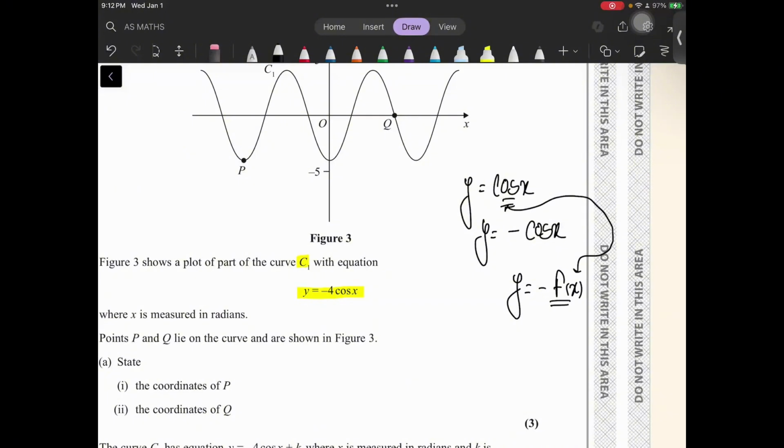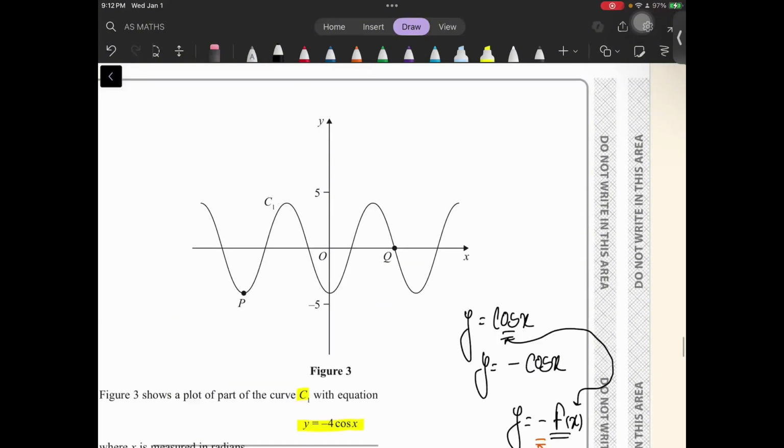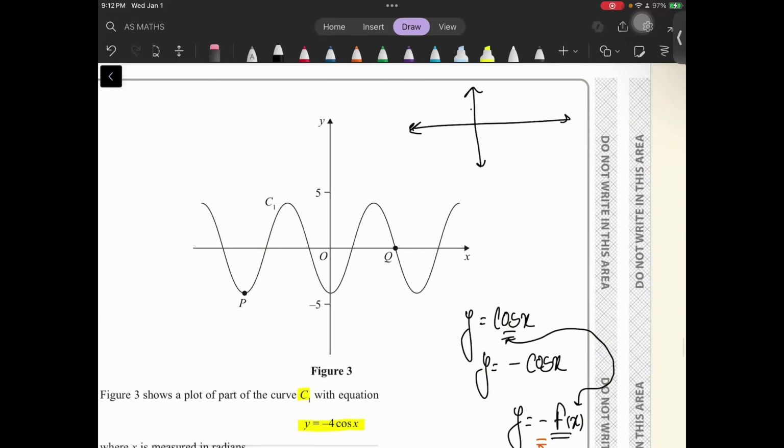This y equals minus f of x represents reflection on the x-axis. The graph was initially supposed to be something like this. Starts from 1, like this, right?